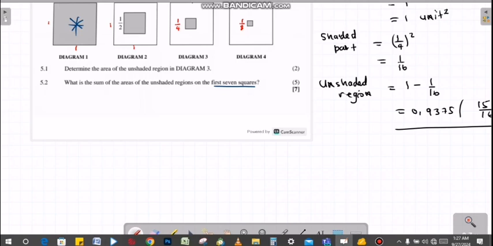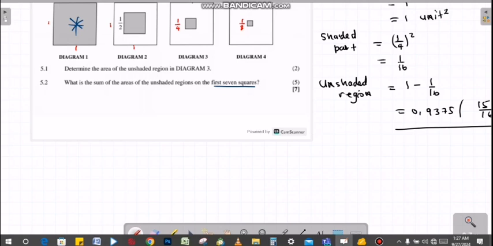The whole of it is shaded. So the ones that will have the unshaded part are from diagram 2 until diagram 7. So we'll be having how many diagrams? We'll be having 6 diagrams.